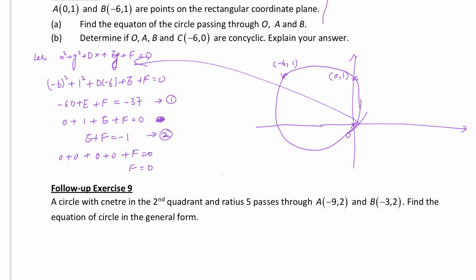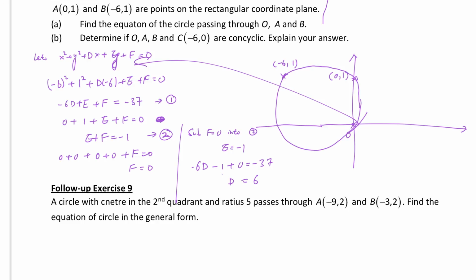Then you can substitute this information into equation 2. I know E is equal to -1. Then you can find -6D minus 1 plus 0 is equal to -37. Then add 1 and divide, so D is equal to 6.